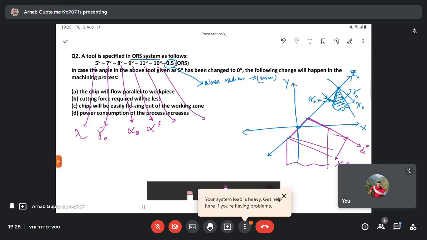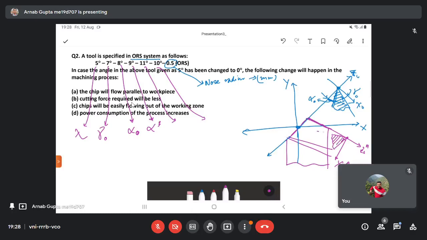So here also you will be able to get a cross section of the tool, and this particular angle here is your alpha naught A. So I'm denoting it as alpha naught A. This is the flank angle of the auxiliary cutting edge on the orthogonal plane for the auxiliary cutting edge.